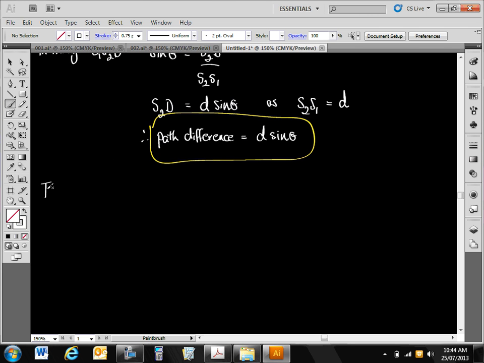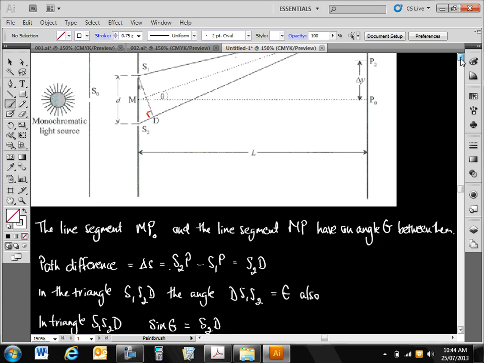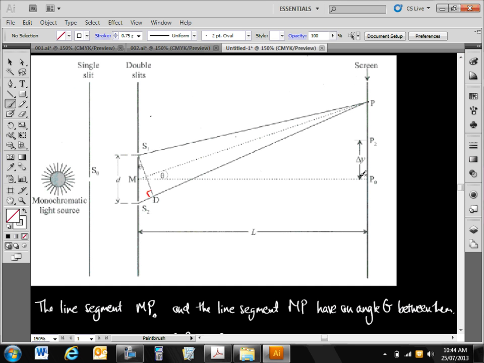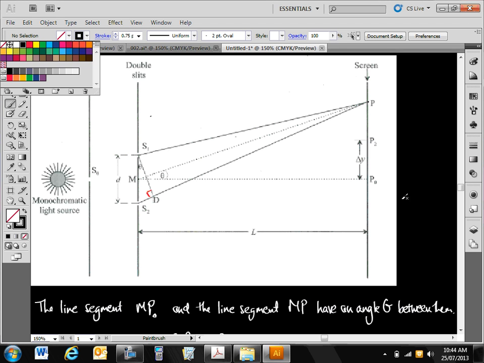Fringe separation. We call this delta y. You might have noticed it in the diagram there. Fringe separation is delta y, and what they've shown is that's to P2. So P1 is a dark band. I'll draw it in just so you can see what's going on.